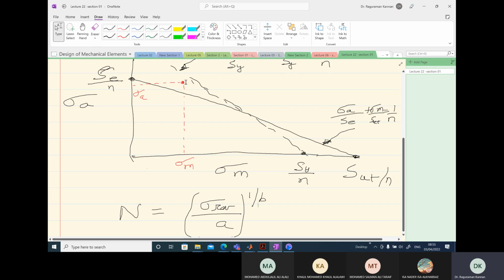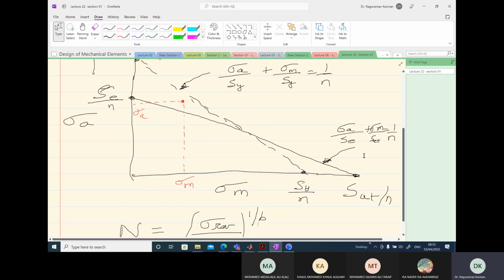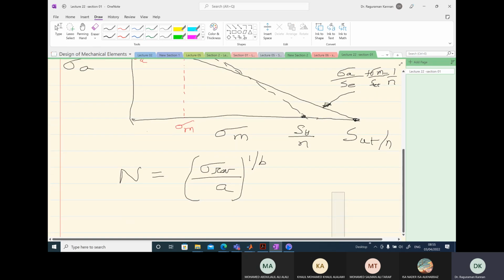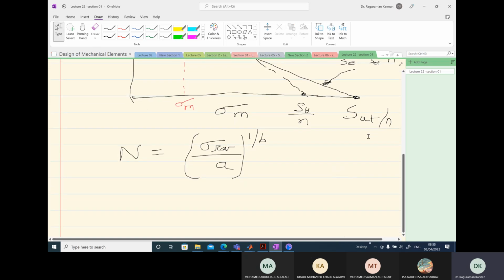How do I find out? So these are the two things we need to do. So first point, is the point inside or outside the failure envelope? How do I figure it out?